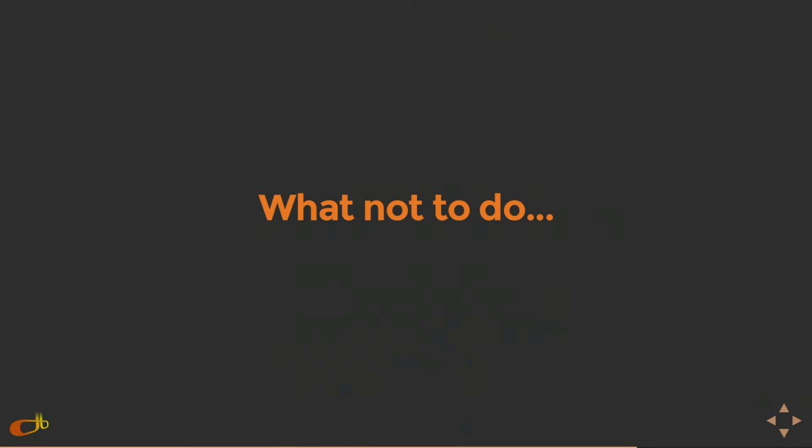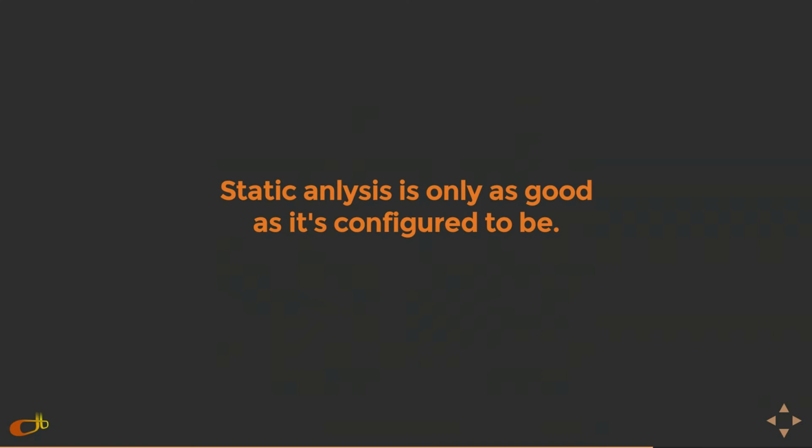Now let's talk about what not to do, right? So static analysis, setting it up, you can actually, with Code Climate, just go and submit your repository and it'll run, which is great. But there's a problem. Static analysis is only as good as it's configured to be.